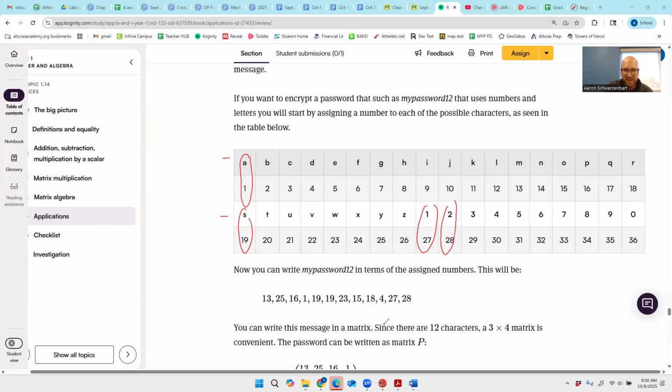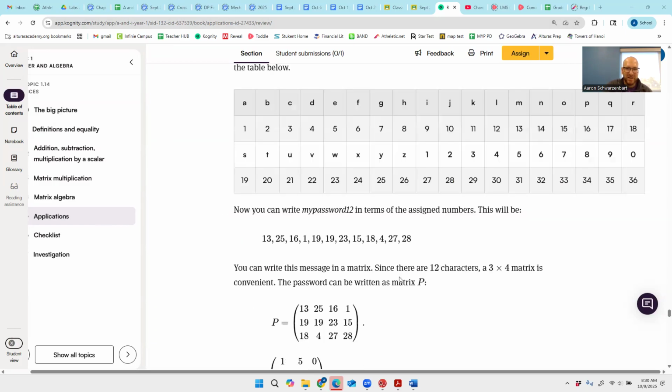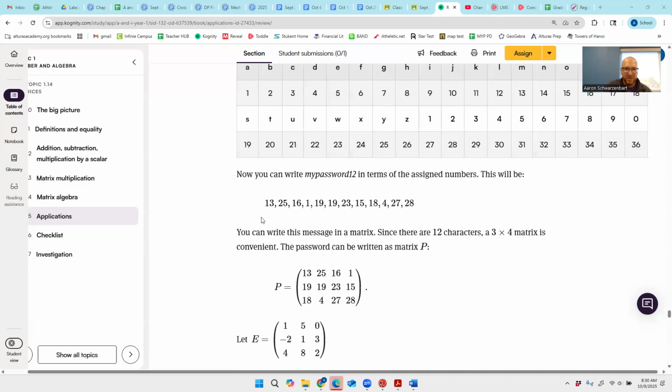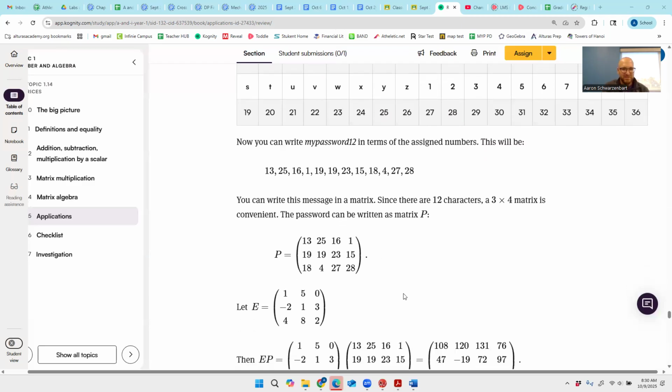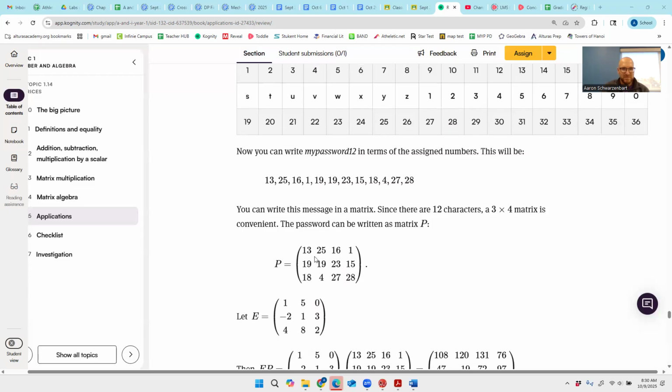So since this is 12 characters, we can write it as a 3x4. Okay, we need to pick something that makes sense. They won't give you ones that are too gnarly or weird lengths. So we take 13, 25, 16, 1. That makes sense. Does it matter where you put which numbers?